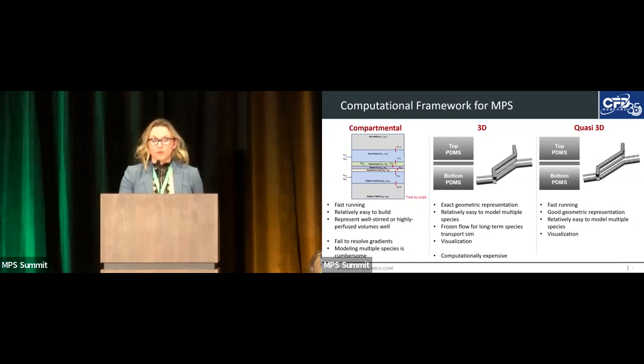We resolve the gradients in the direction of flow, but we also still allow species transport and cross flow. So these retain the advantages of the 3D: we can model multiple systems, and we have those visualization components as well. And then of course, we have the opportunity to combine them all and see which one is the most efficient and best model, depending on the system that we're modeling.